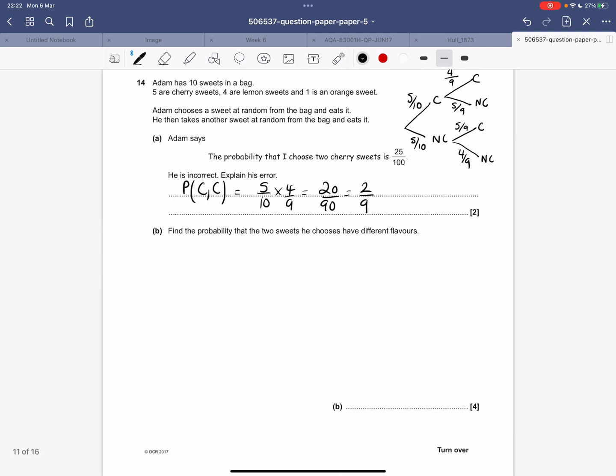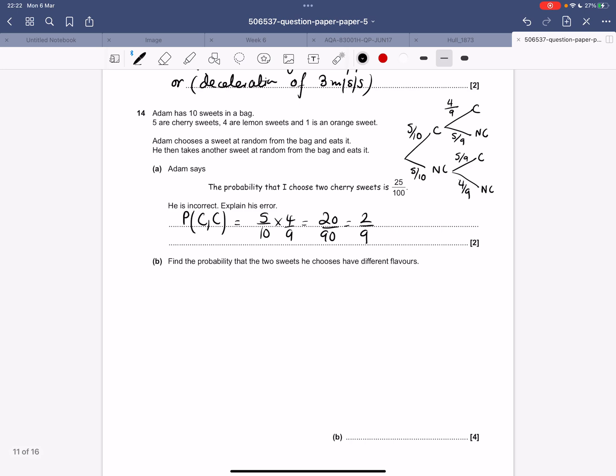Find the probability that they have different flavours. So I've either got cherry, lemon, or orange. Cherry, lemon, orange. Cherry, lemon, orange. Cherry, lemon, orange. 5 out of 10, 4 out of 10, 1 out of 10. And then he eats that one, so that one goes down.